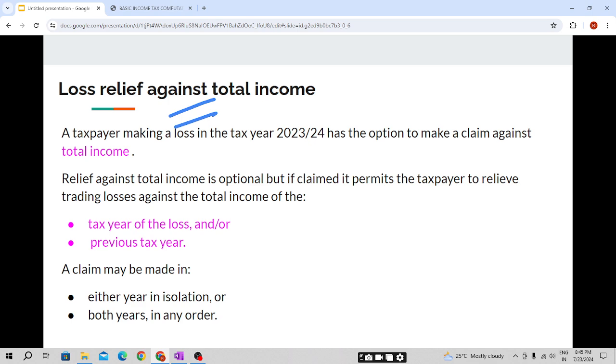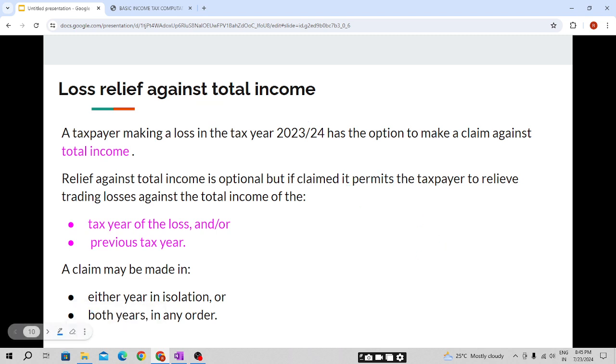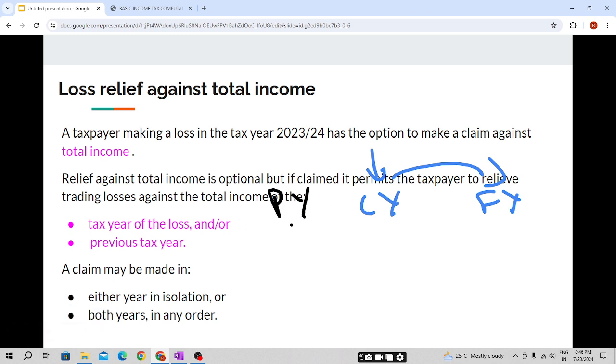So the loss relief, if an individual elects the option to set off against the total income, then total income of the current year and previous year he can set off. Either he can set off in isolation for both the years or in both the years. So we had seen either the person can set off against the current year and directly carry forward to future years, or the second option was set off in the previous year and then carry forward to the current year.